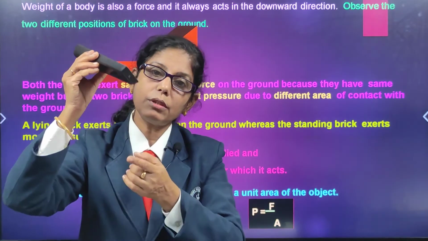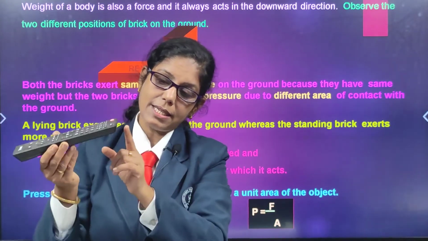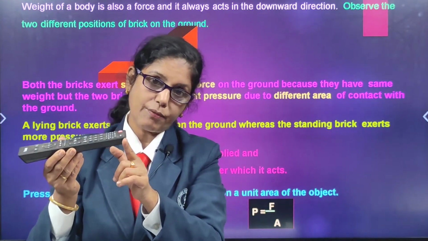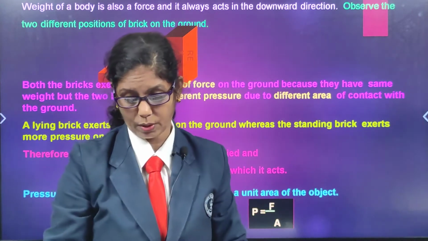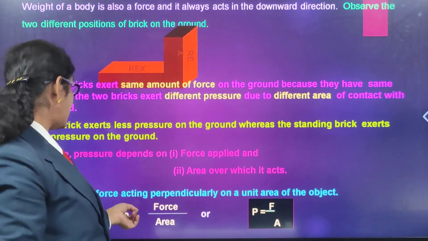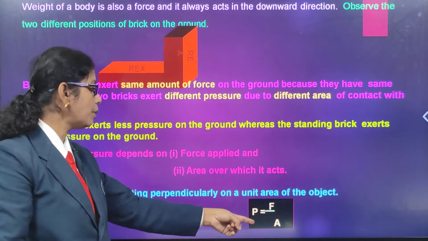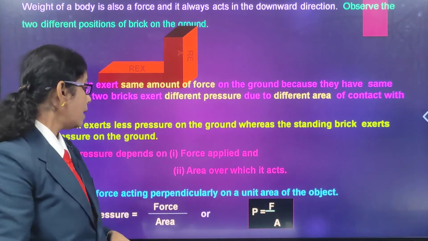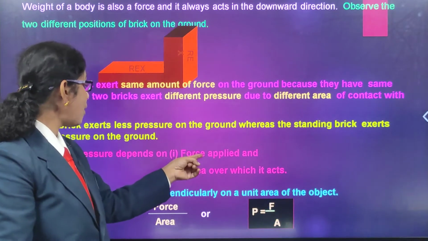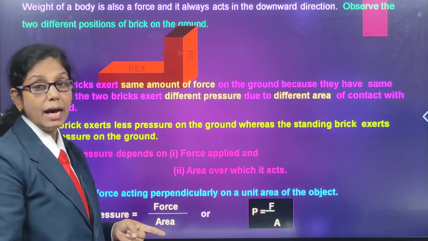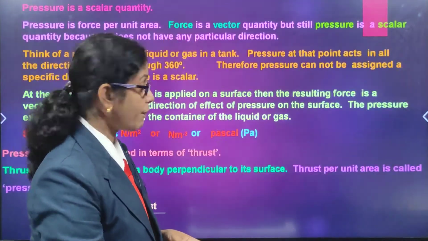But on the contrary, you press like this, here the area is less, therefore the pressure will be more. So, pressure is equal to force upon area, that is P is equal to F upon A. It depends upon applied force and on the area of the surface.